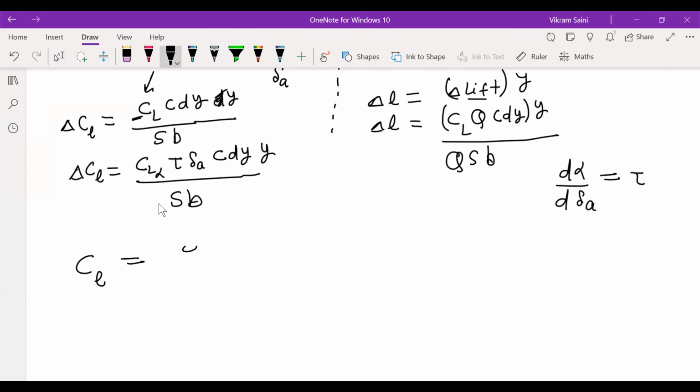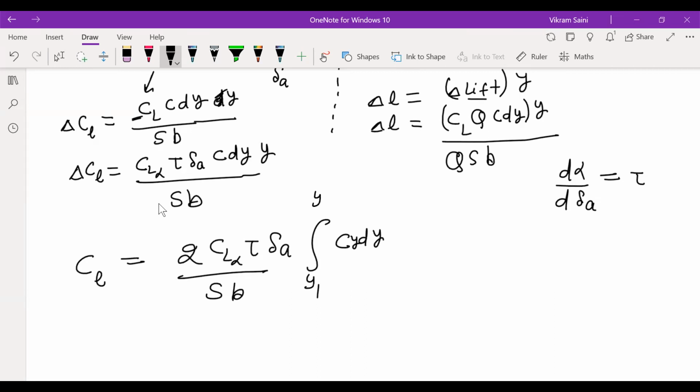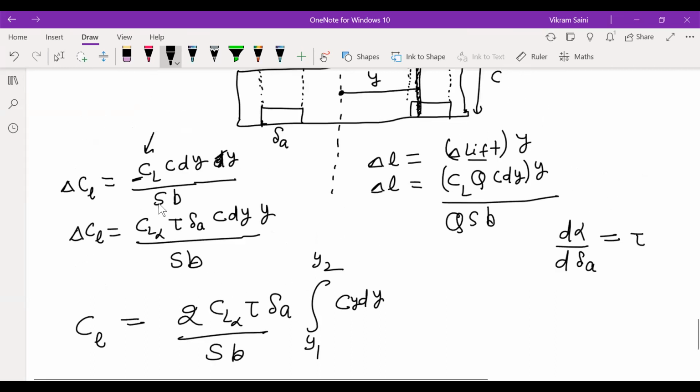So the total will be twice of CL alpha tau delta A divided by SB, integration of C y dy from y1 to y2. What is y1 to y2?